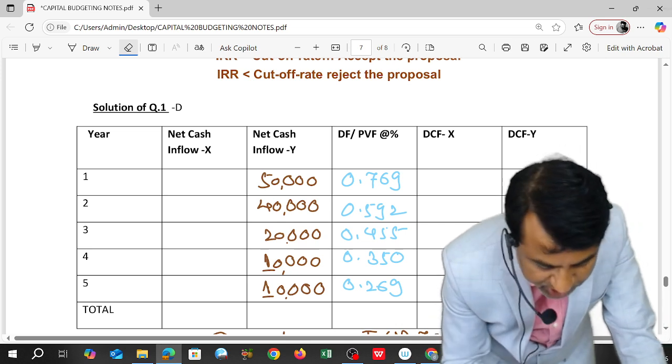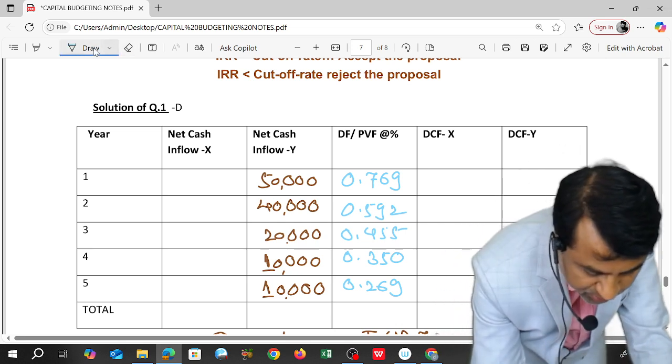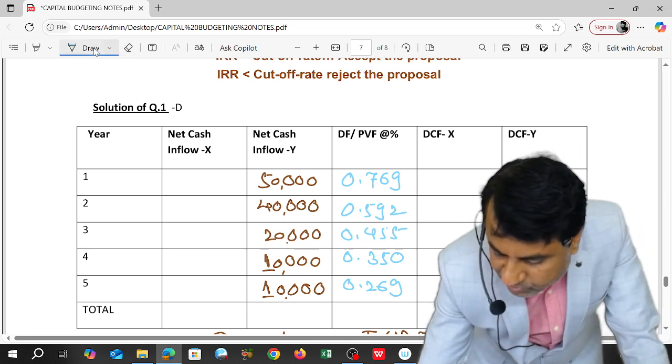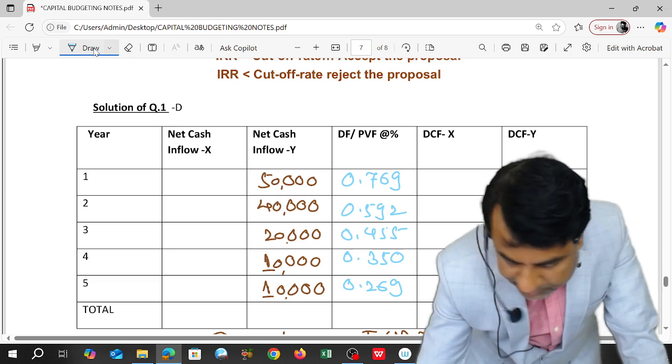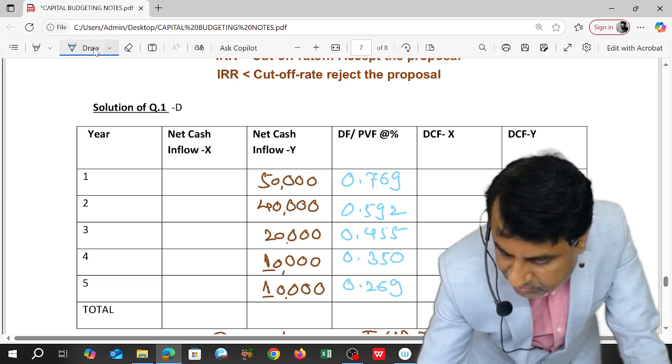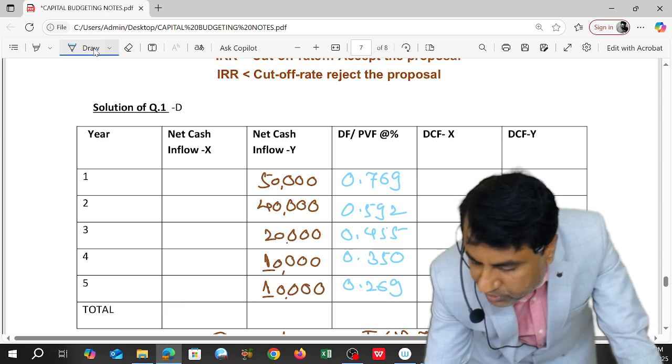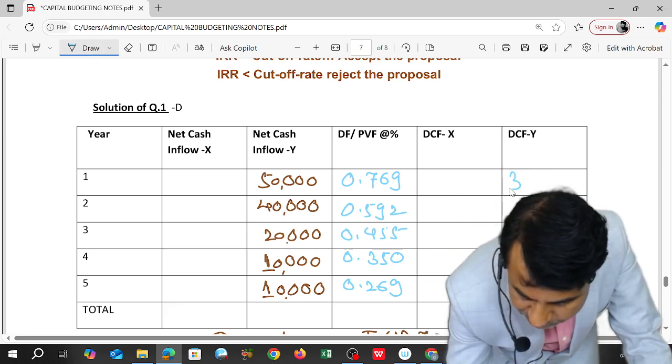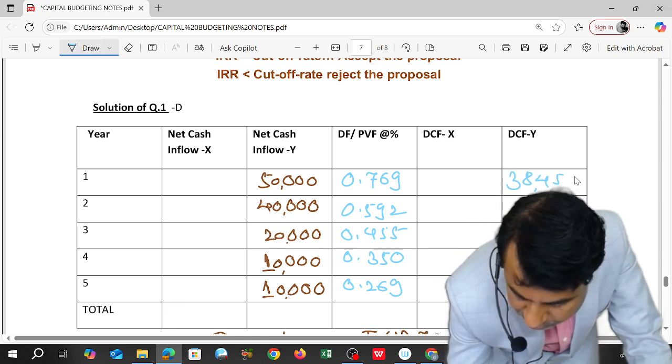Anyway, 30 also came positive for X, but for Y we don't know. Let's do it for Y. So it is 50,000 multiplied by 0.769. So it is 38,450. First one.